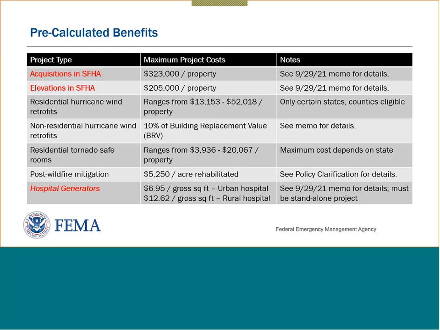So for example, if you're doing an acquisition of a home and you can cost it at less than $323,000, then it's cost effective. Elevations are now $205,000 per property.